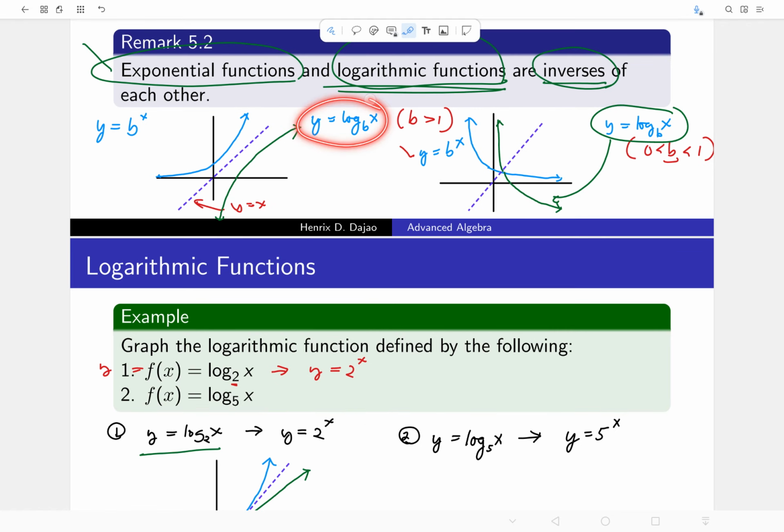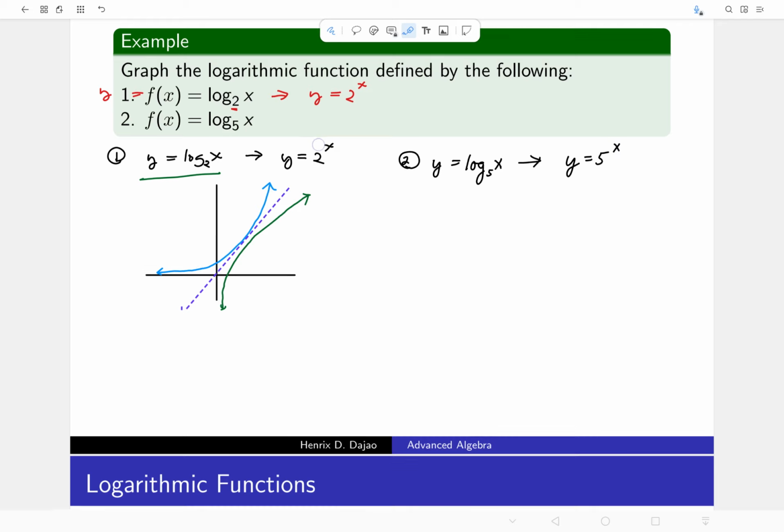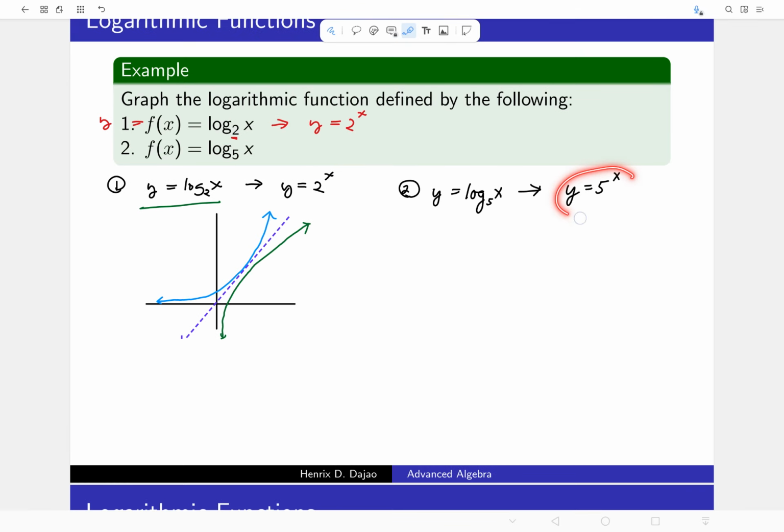As well as for this. So first we will graph the function defined by this.